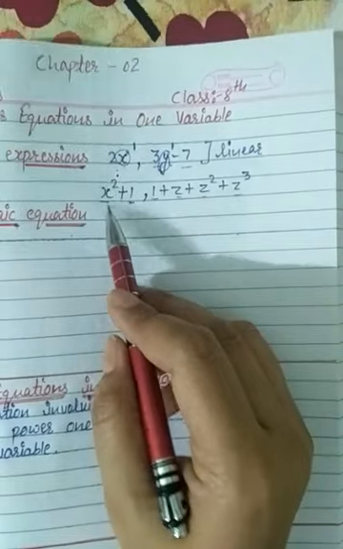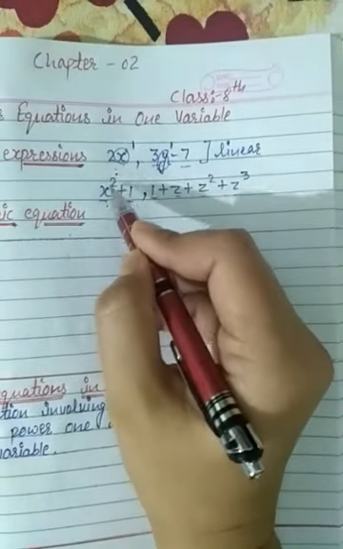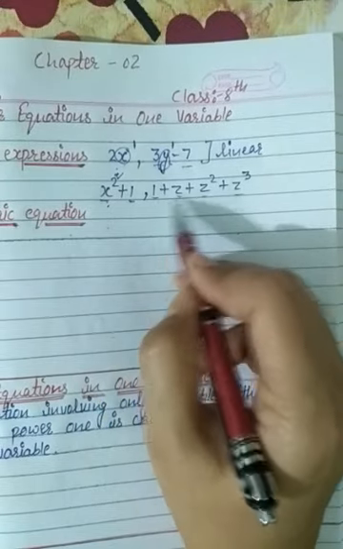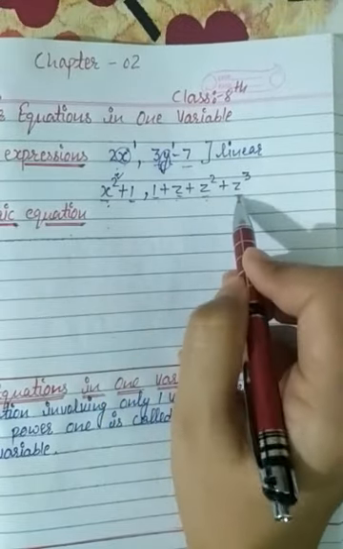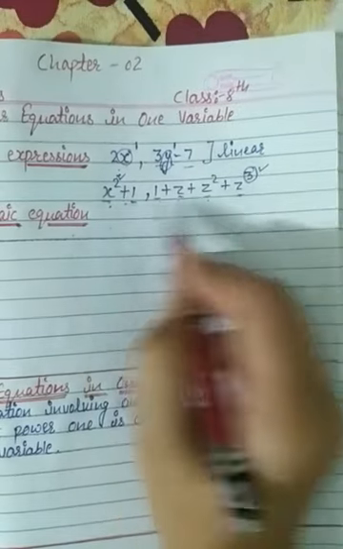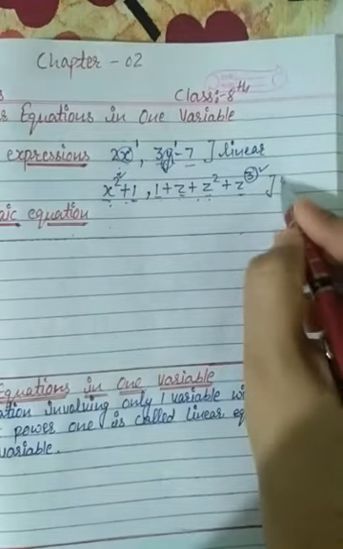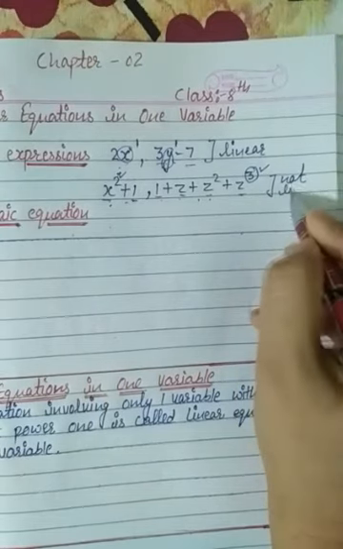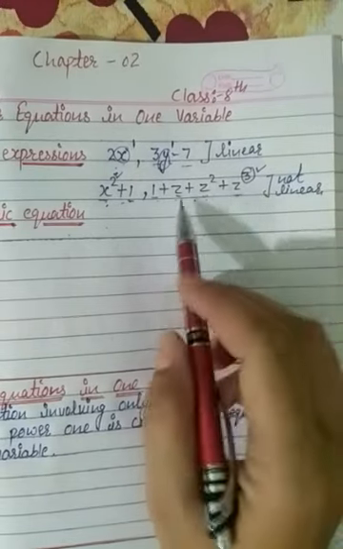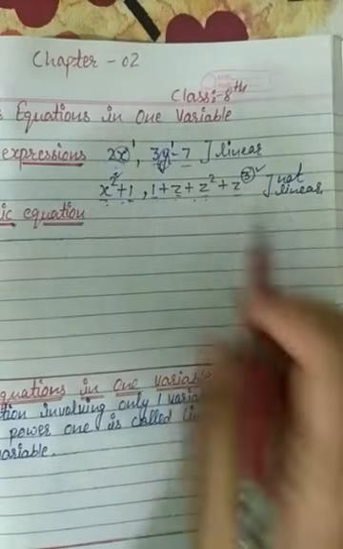In this expression, variable x highest power is 2. In this expression, variable z highest power is 3. So these two expressions are not linear because the highest power of the variable is more than 1.